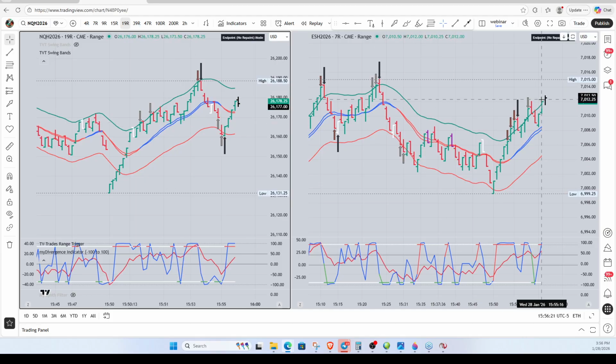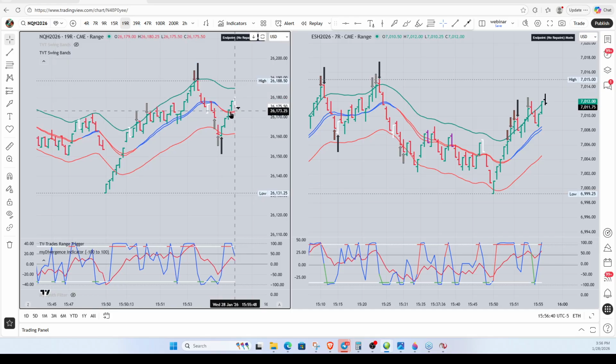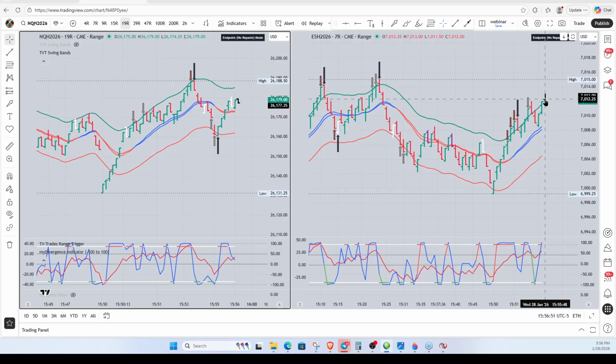Alright, so this divergence right here suggests that this bar is going to close down at the bottom. It doesn't look like it right now, but that's what it suggests. And this could end up being a white bar over here on the NQ. Right, there's the white bar on the NQ. That suggests that it's going to go down here to the outer band, and the down close. Well, we're still looking for that to go down on the ES, right?